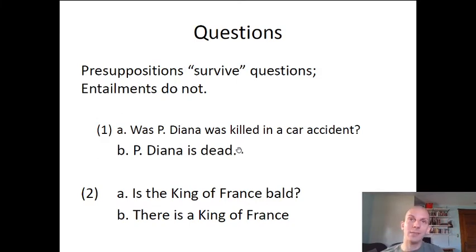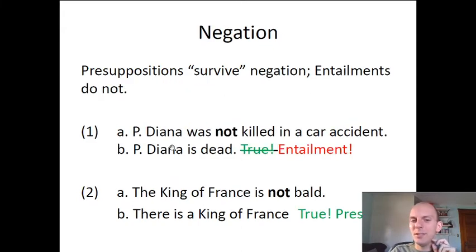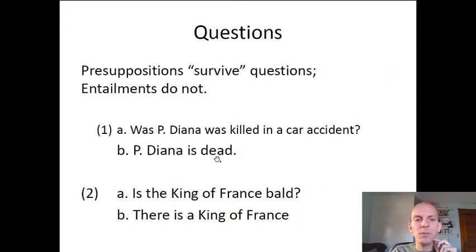When we are looking at these sentences, we're not assessing how Princess Diana died in real life, right? Which was in fact in a car accident. That's not what we're assessing. What we're assessing is, from the information in A, what can you say about B?